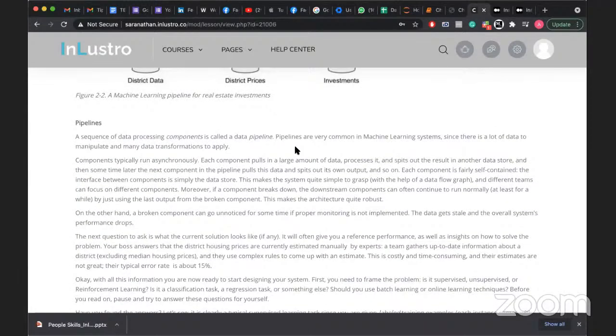Come on, guys. First question, is this a supervised, unsupervised or reinforcement learning task? Who can quickly answer?